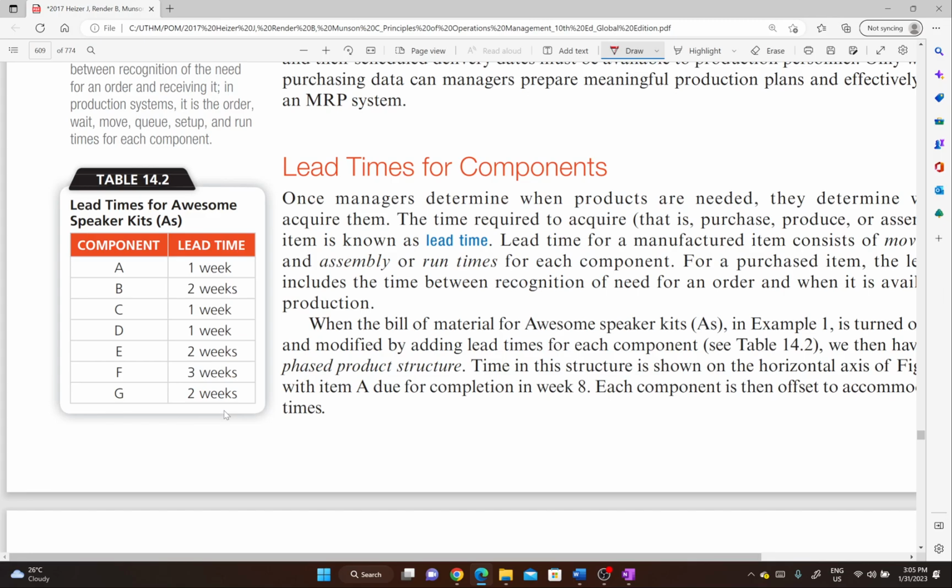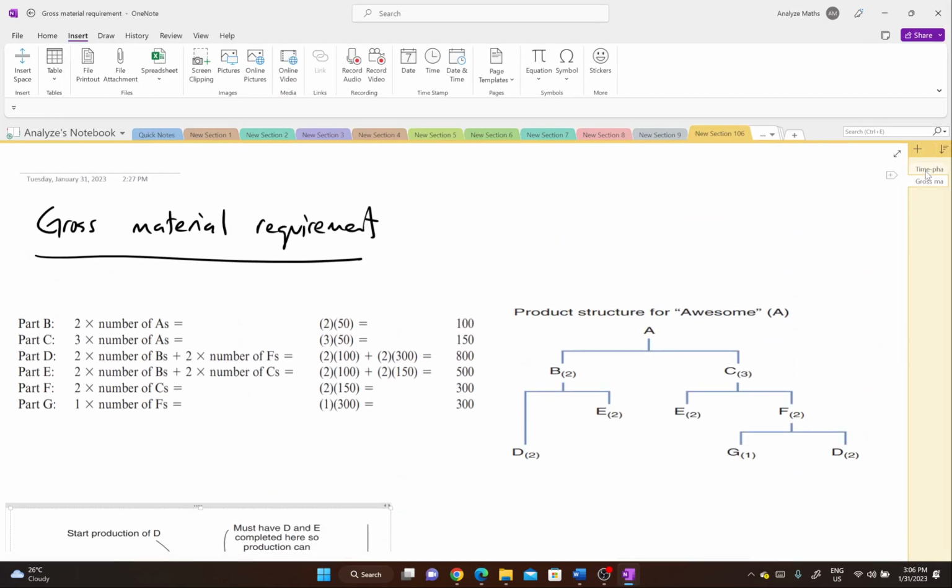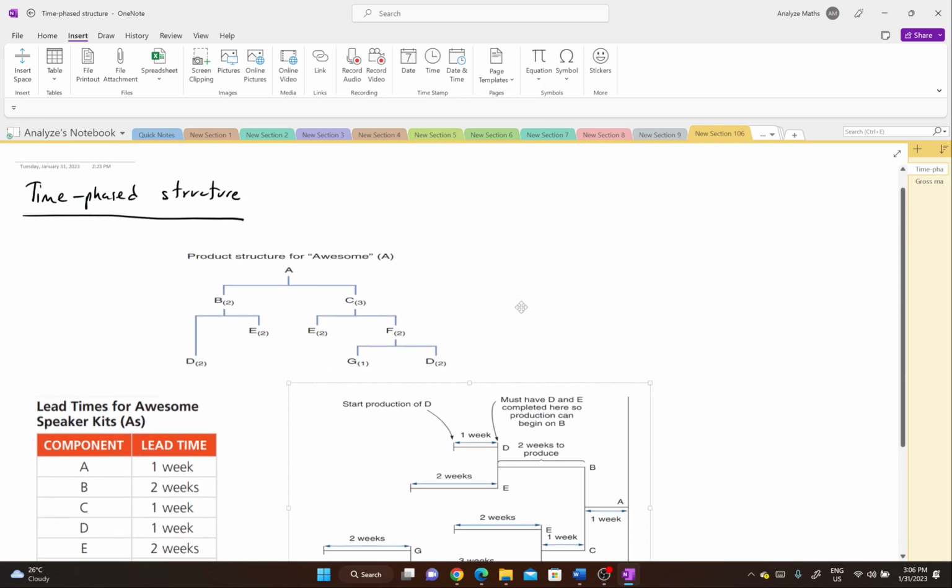I suppose we went through what lead time is: the time taken for you to get the product or the component, or the time for you to process or produce the thing, the time for you to prepare to get the component. To develop a time phase structure, I would like to go through this one.